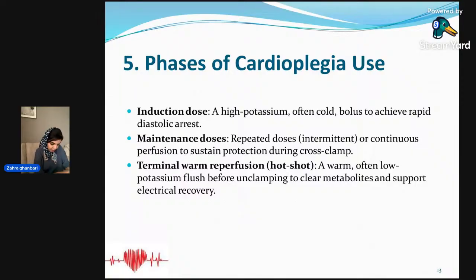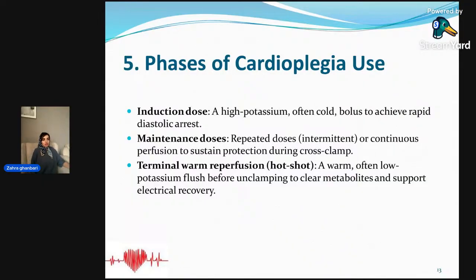The timing of the maintenance dose is related to which cardioplegia solution you use. For example, for Del Nido, we repeat the dose 2 to 3 hours later. But for classical cardioplegia that contains high potassium, we should repeat it every 20 to 30 minutes.